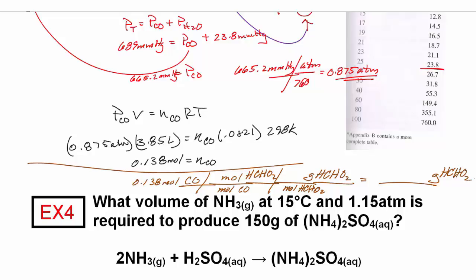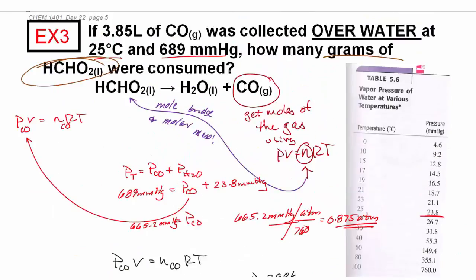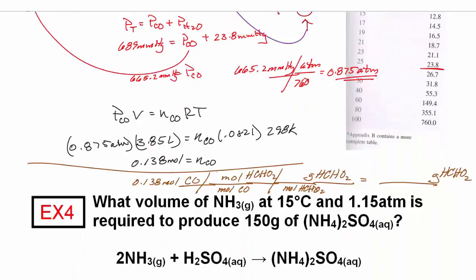Okay, so my mole bridge is 1 to 1. My molar mass of this compound is 2.02 plus 12.01 plus 16 times 2, about 46 grams in a mole. So you get about 6.35 grams in the end of that compound.